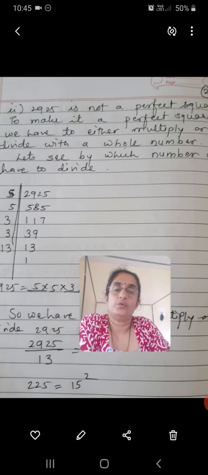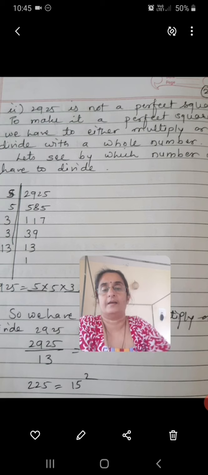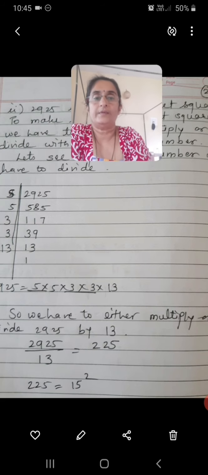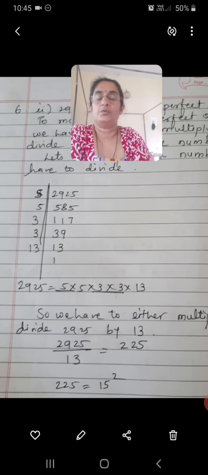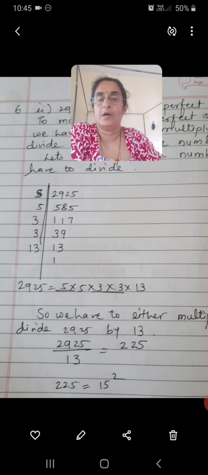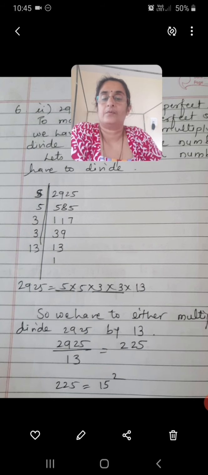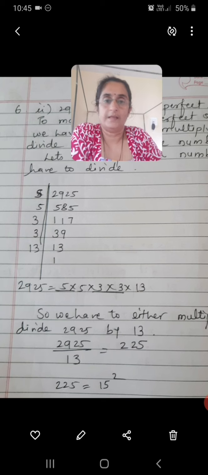We have to do the factorization and then we have to decide by which number this given number has to be divided to get a perfect square. Now what we'll do? We'll do the prime factorization of 2925. What did I get there? 5 2 times, 3 2 times and 13 1 time. Here also, to make a pair for 13, we need one more 13.